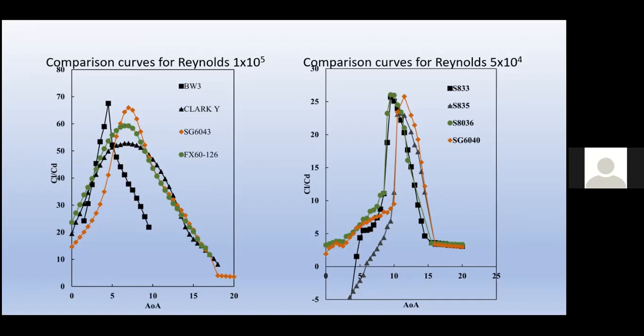On the right side, where we can see the comparison curves for a Reynolds of 50,000 of the airfoils that were being evaluated for the root zone, it can be seen that there is not much difference between the different airfoils, which leads us to select the SG6040 airfoil for its relation with the SG6043 airfoil, since being of the same family, their geometries are not very different.